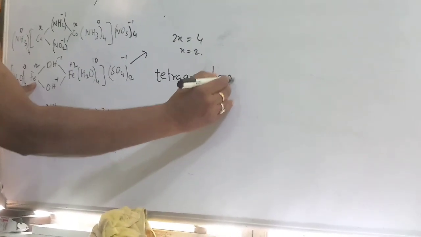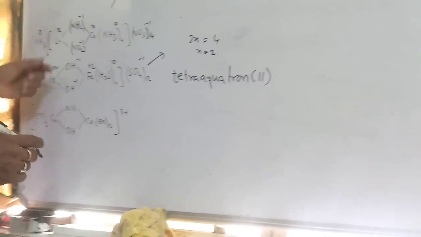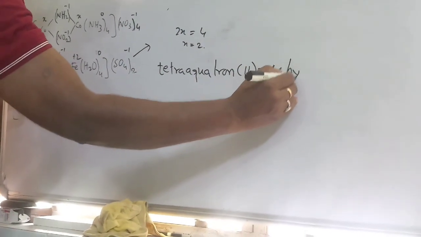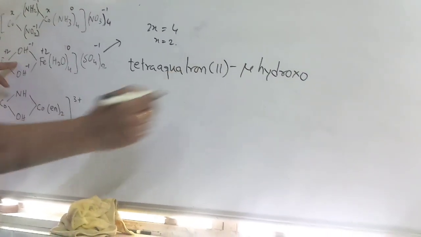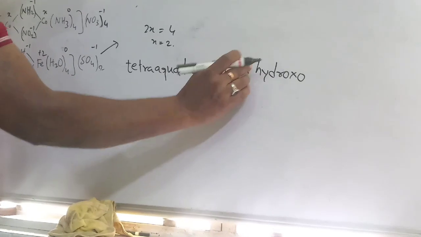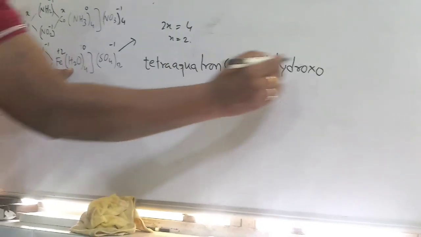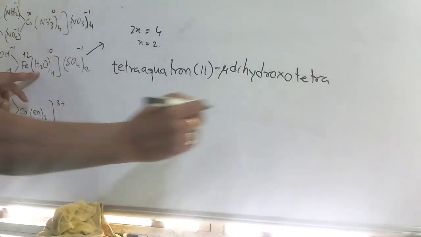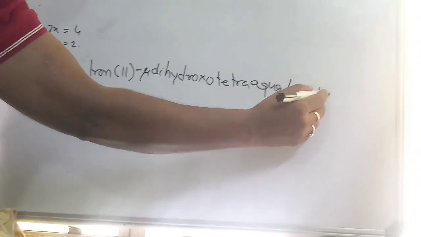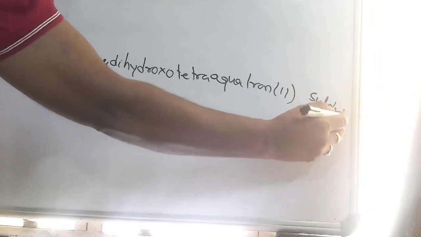Iron, I-R-O-N, iron 2. Then hydroxo, we call it hydroxide, but here we will be calling it hydroxo. So mu hydroxo, H-Y-D-R-O-X-O, mu hydroxo once more. Instead of writing this, you can write it as mu dihydroxo, tetra aqua, A-Q-U-A, iron 2, and then space sulfate, S-U-L-P-H-A-T-E, sulfate.